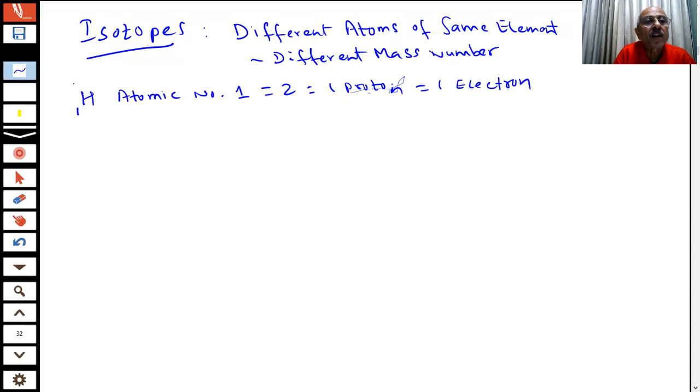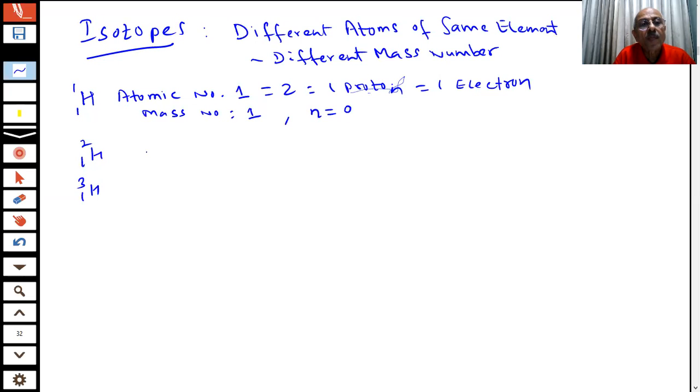This one has atomic number one and mass number one, because there is only one proton and zero neutrons. It was found in nature, students. They found there are three atoms of hydrogen existing in nature. This is present in very large amount, and the other two were discovered, 1H2 and 1H3.